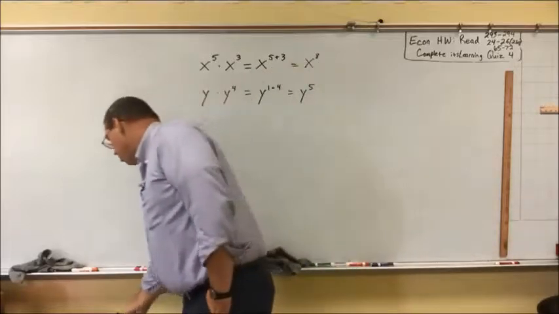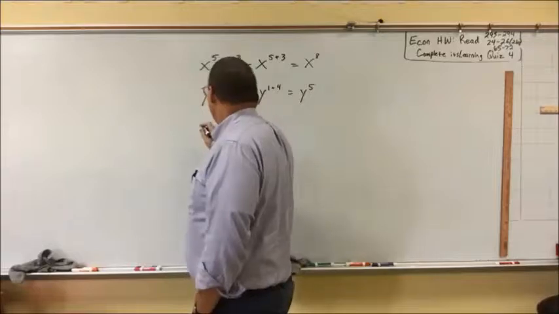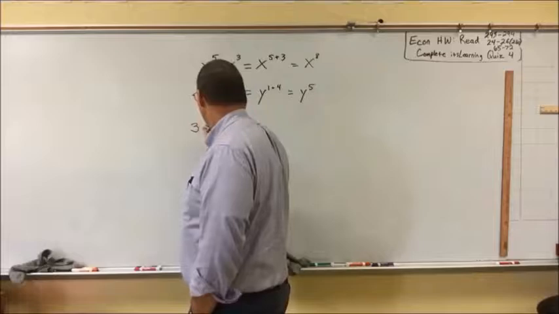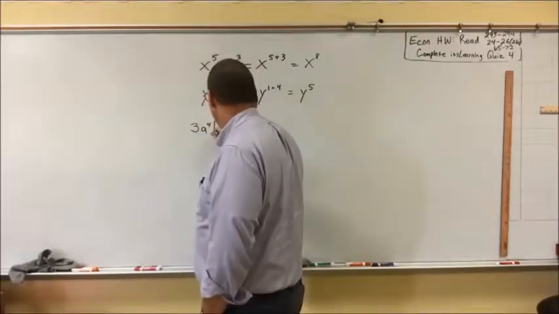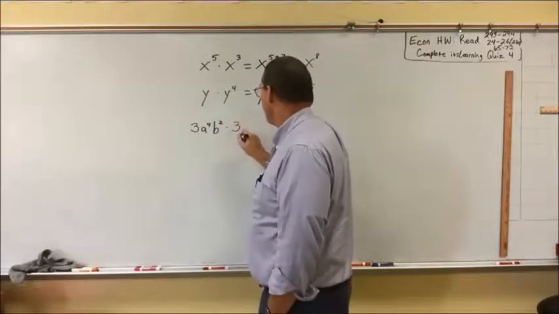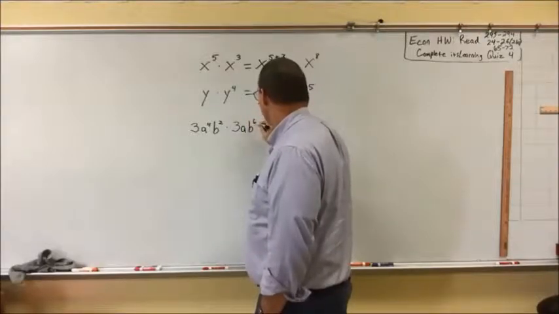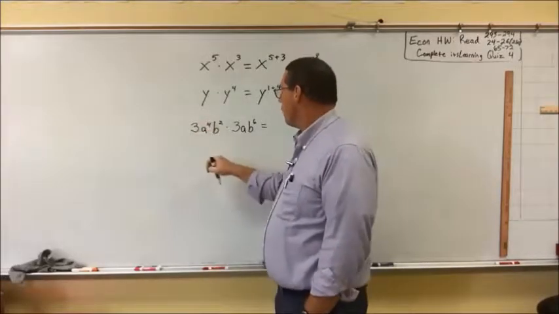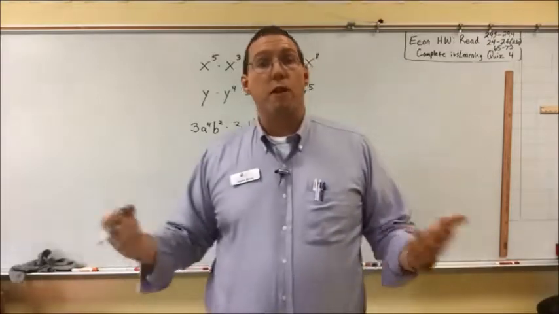Okay? All right, let's just do one more here so that you can see something that looks like this. What if you had, let's say, 3a to the 4th power b squared, and this was being multiplied by 3a times b to the 6th power? Well, here's something interesting. This 3, that's 3 to the 1st power. And this 3, that's 3 to the 1st power. So that's the same thing as 3 squared.